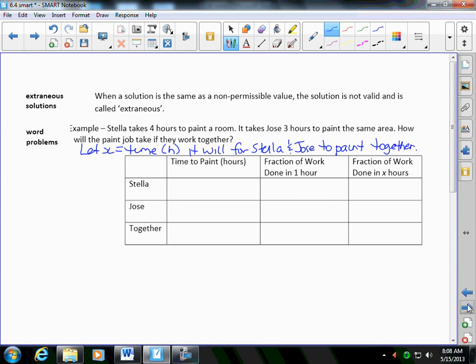Okay, so then if you set it up, and you don't necessarily have to do a chart, but it works better to do a chart, and then you can line your items up. So we know that the time to paint in hours for Stella was 4 hours. For Jose it was 3. For them to do it together, we said that equaled x.